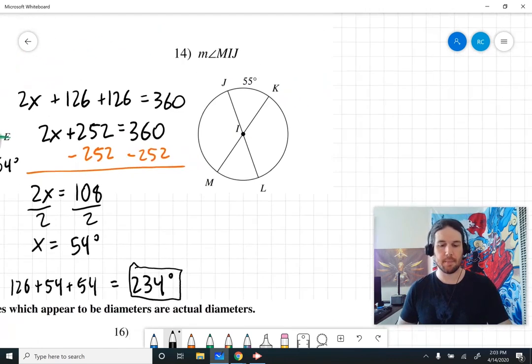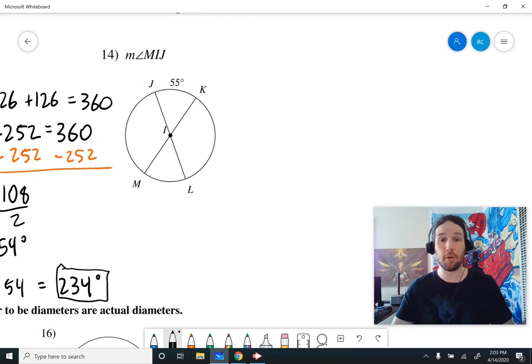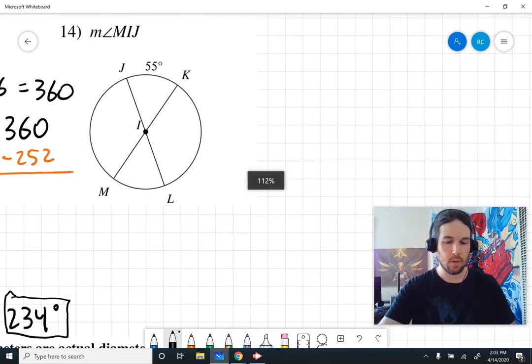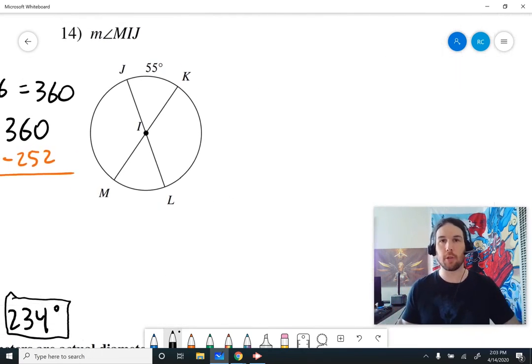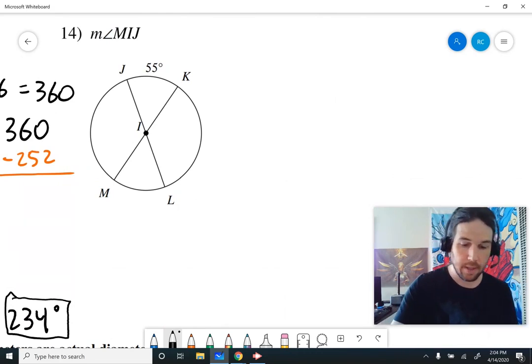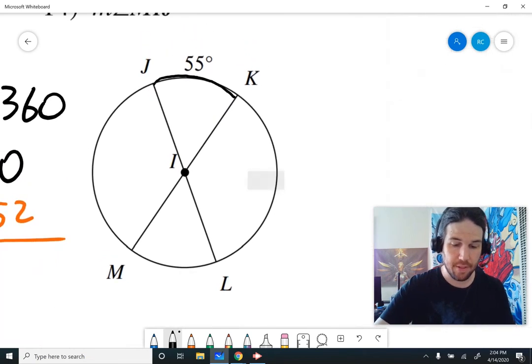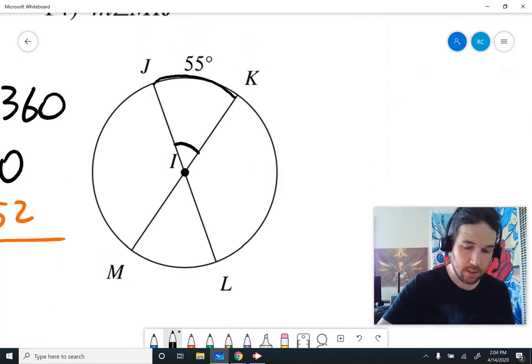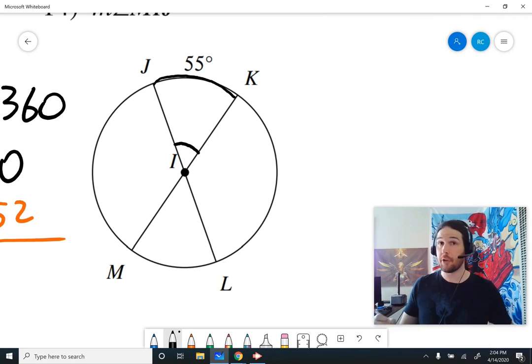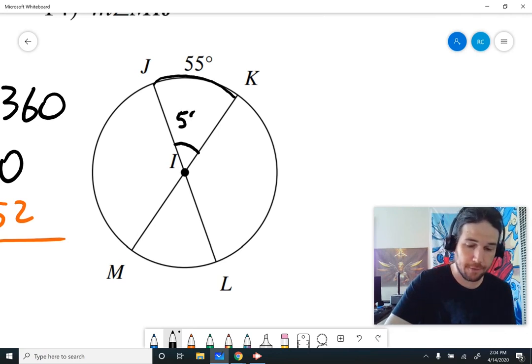All right, number 14. Hey, look, more vertical angles. I don't care what we're looking for yet. Let's find all these angles first, and then we'll figure it out, okay? If this arc, JK, is 55 degrees, then this central angle is also 55 degrees.